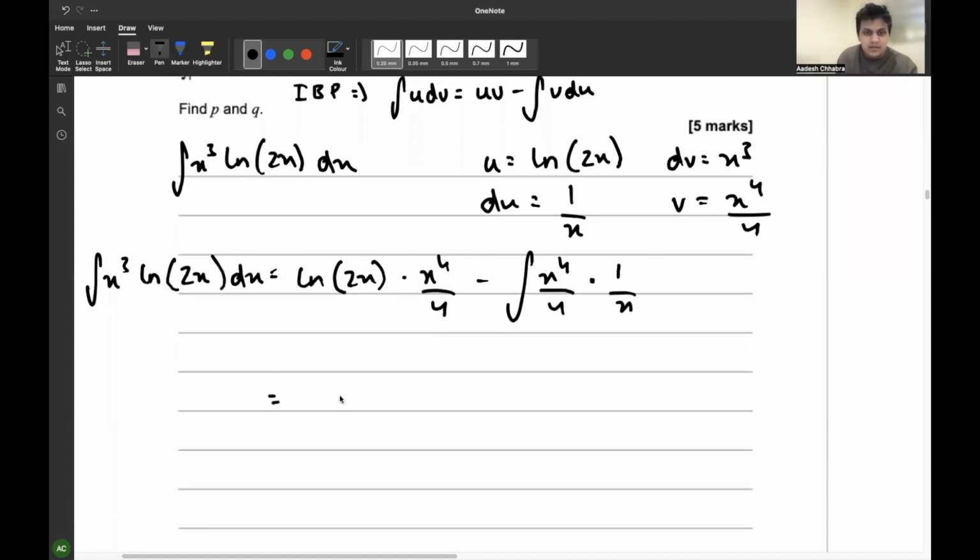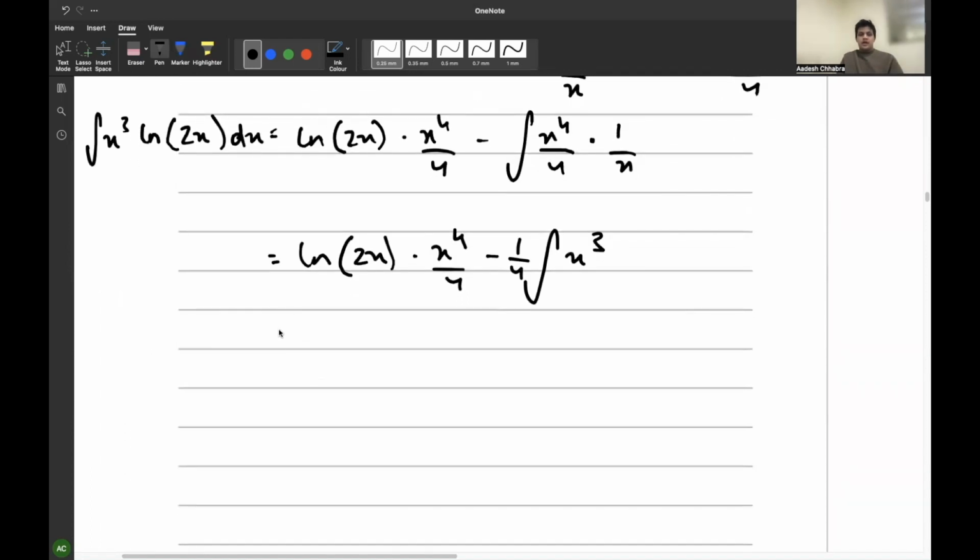This can be simplified down to ln of 2x times x to the 4 by 4 minus the integral of x cubed over 4. Now go ahead and solve this integral. I get ln of 2x times x to the 4 by 4 minus x to the 4 by 16.